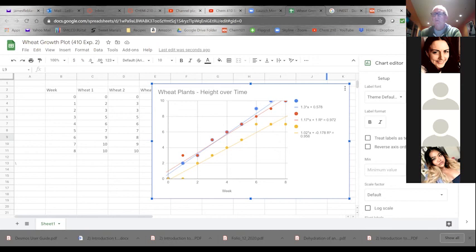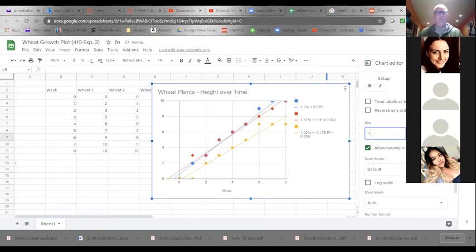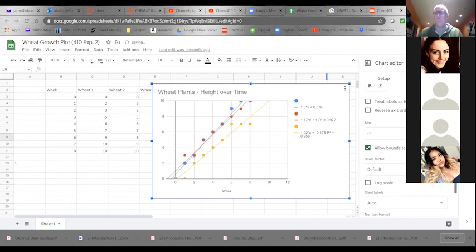Here we go. For the minimum value, right now it's set at something else; put it at -1, and say 12 for the maximum.